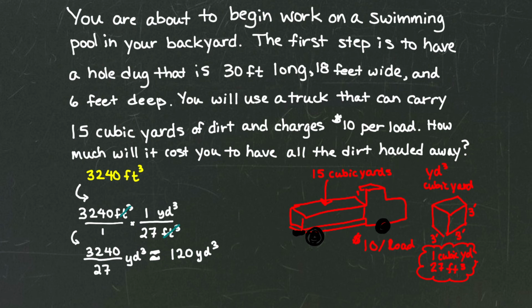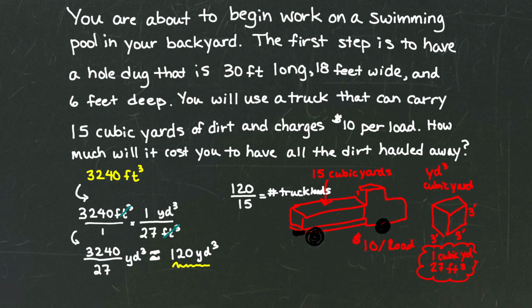Okay, so I have 120 cubic yards of dirt that I have to haul away. Now, every truckload takes 15 cubic yards. Does that make sense then? In order to figure out how many truckloads we need, we would simply take 120 and divide it by 15. And that's going to tell us the number of truckloads. Does that kind of make sense to you? So we have 120 cubic yards that we have to haul. Every truckload haul is 15 cubic yards.